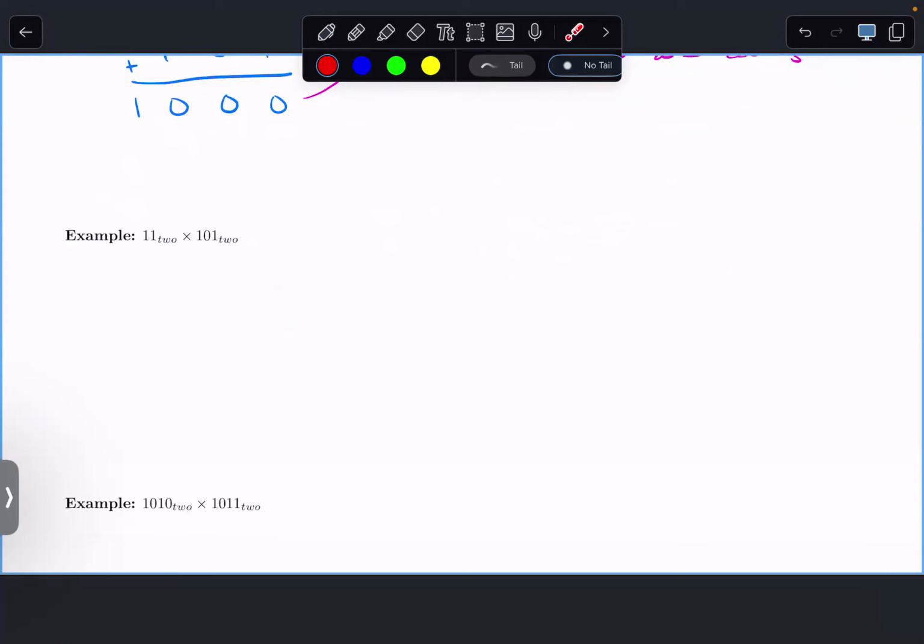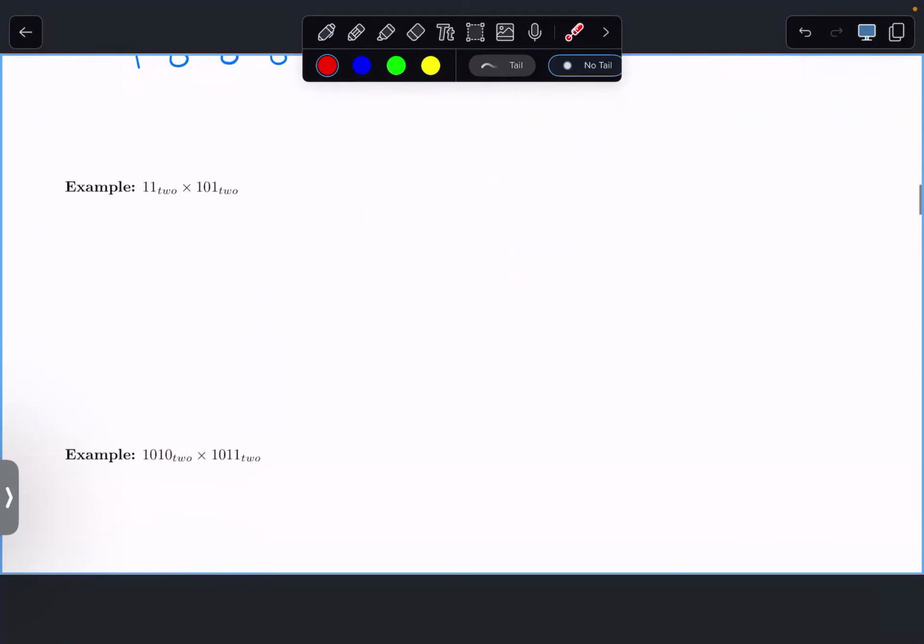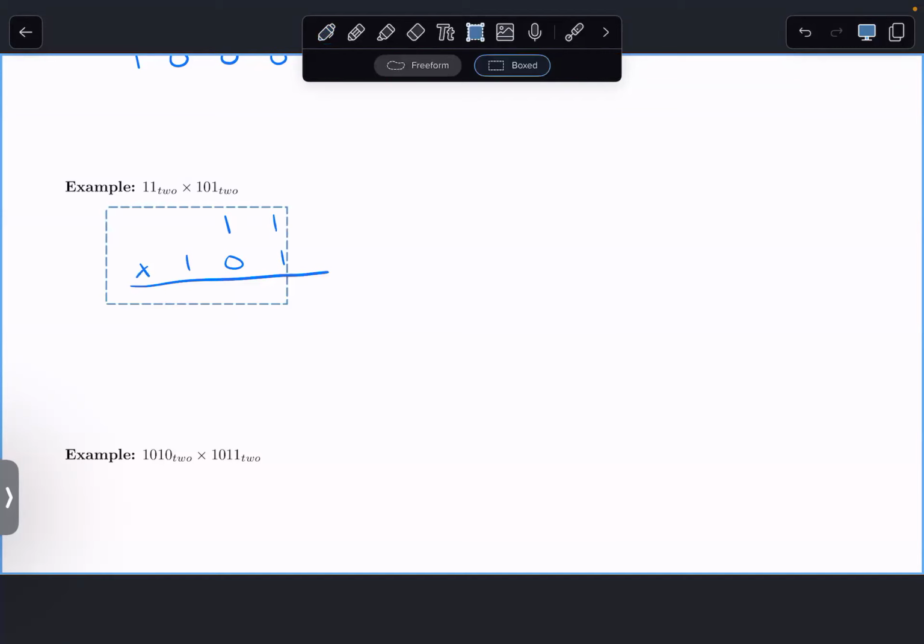How about some multiplication? I'm going to set it up the same way. 111 times 101. Could have used a little bit more space, I think. So I'm going to just bump it up here. Why do I need space? I need to do a couple of times over.